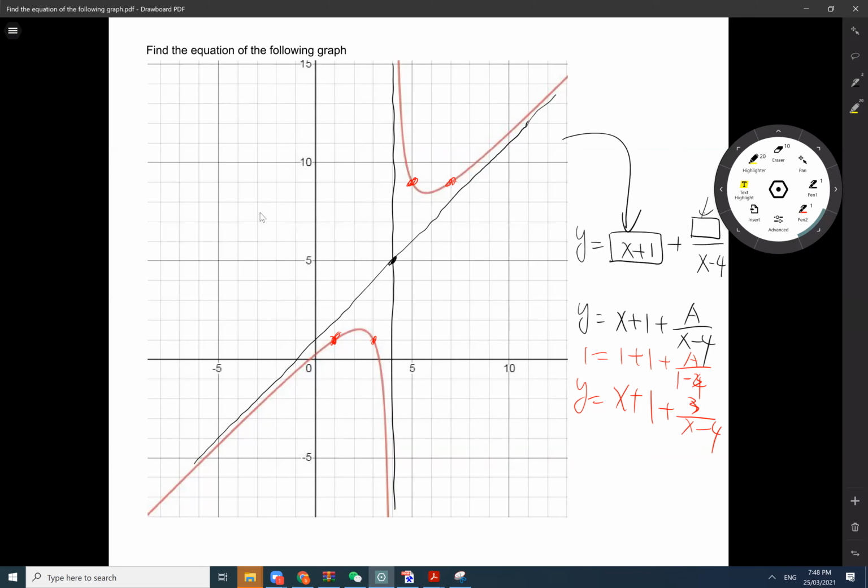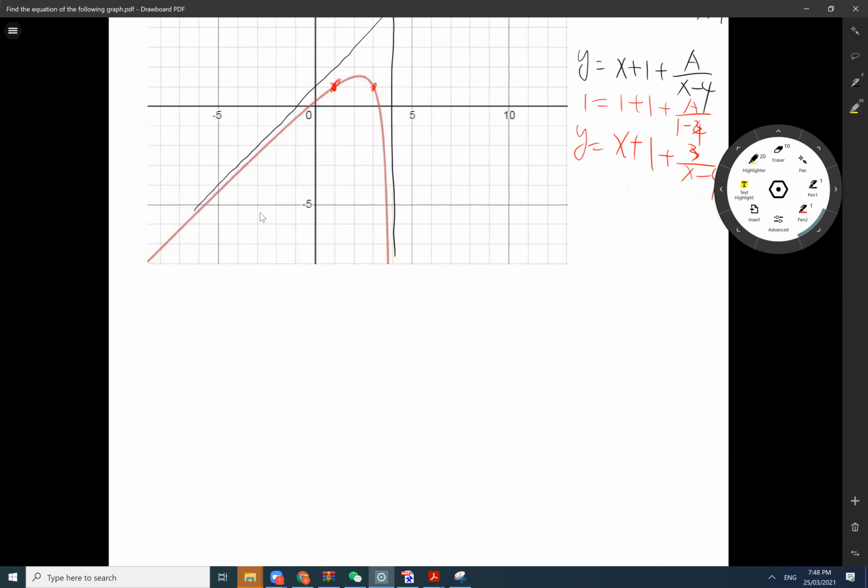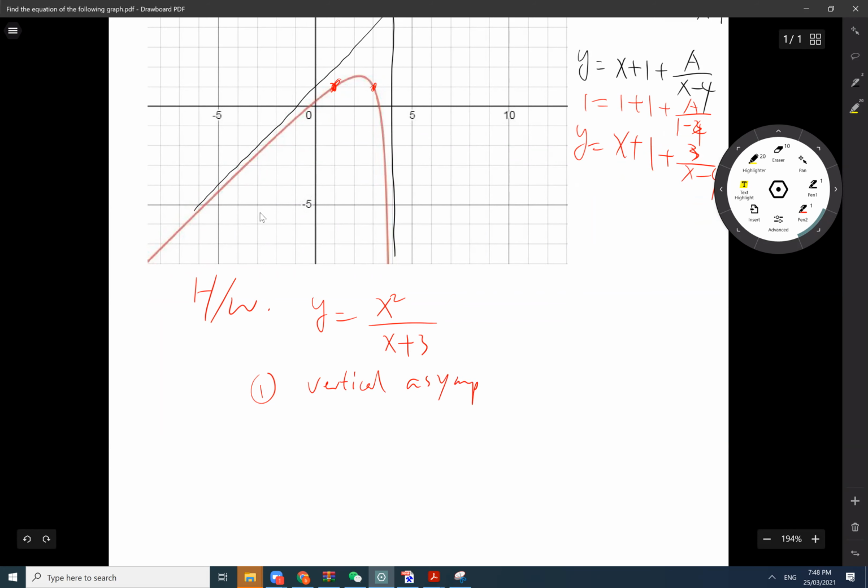Any questions? No. Okay, I'll make up a question for your homework. The question is very similar. Question 1: vertical asymptote. Question 2: oblique asymptote.